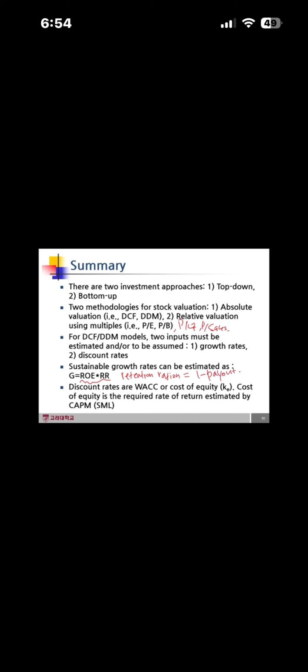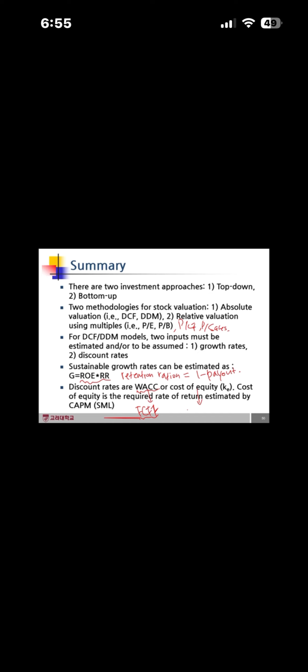And the discount rates were either the weighted average cost of capital if you use free cash flow to the firm as an earning measure, or the cost of equity if you use an earning measure that is attributable to stockholders only.